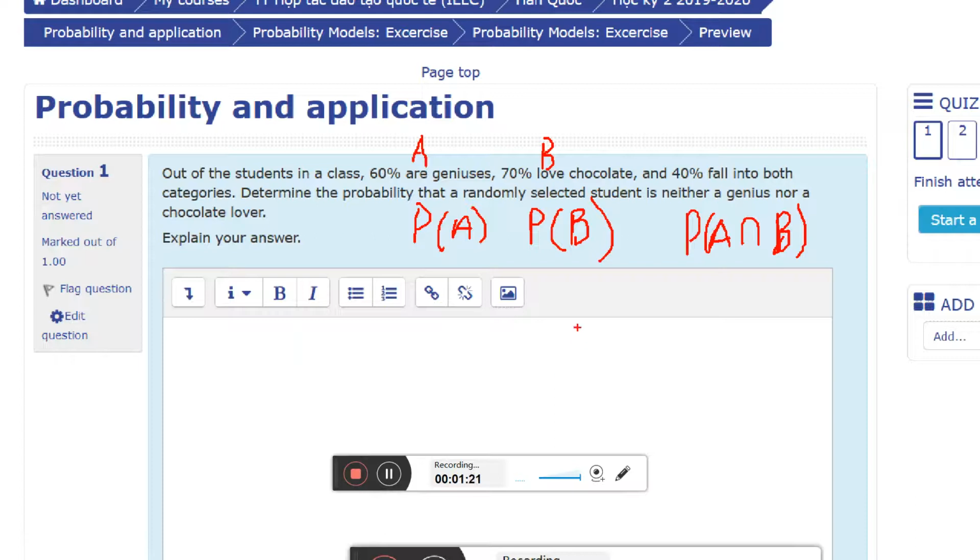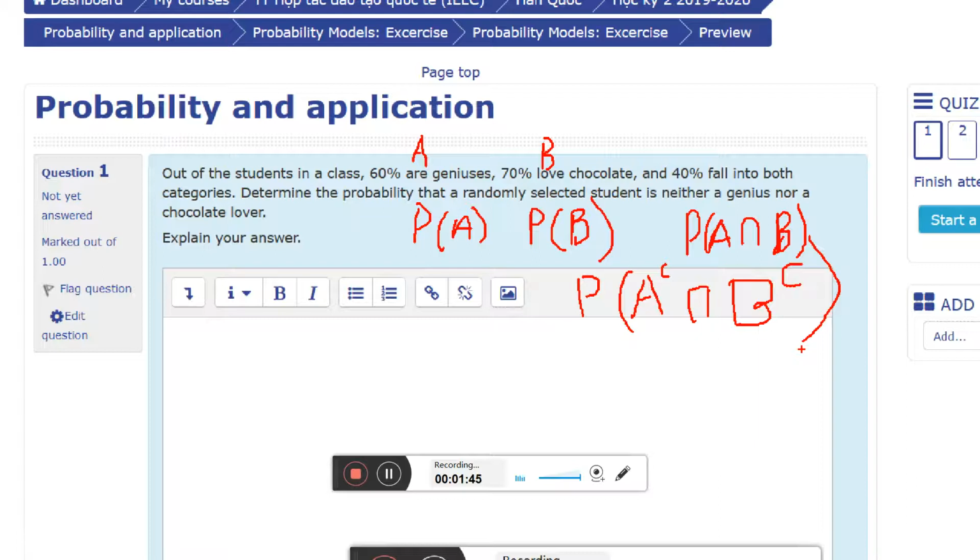So the question is to calculate the probability of being neither a genius nor a chocolate lover. It means A complement and B complement.